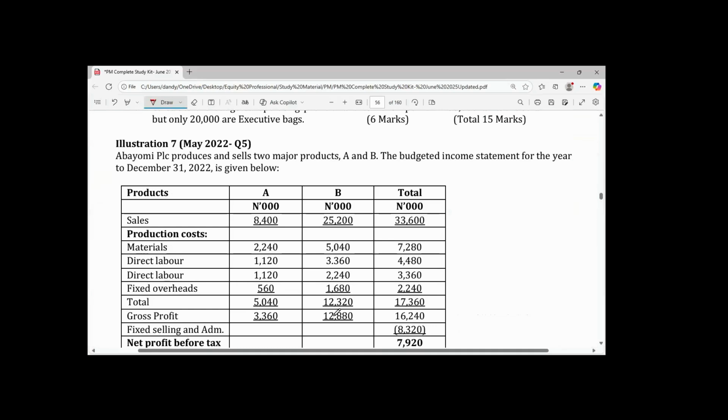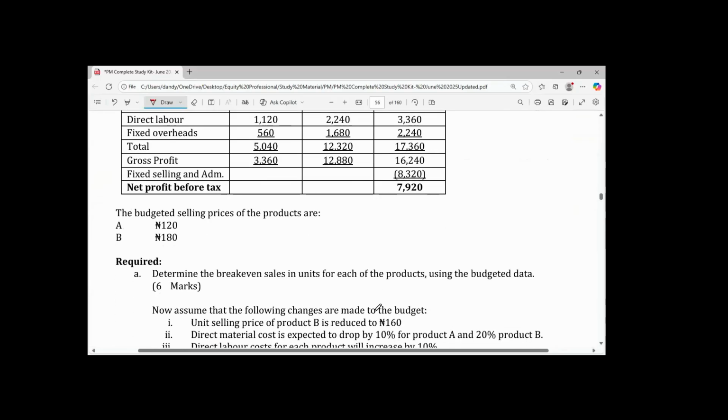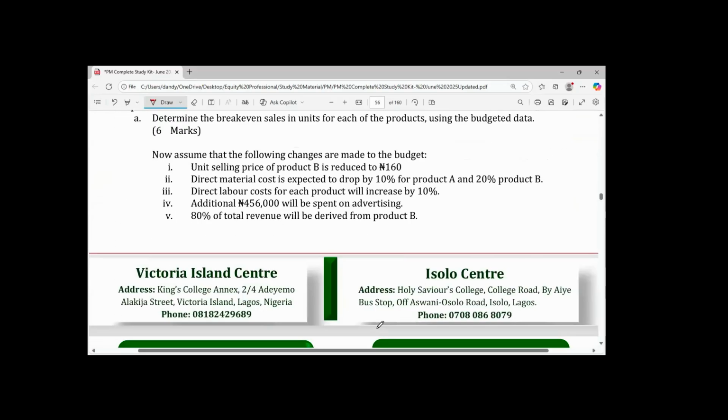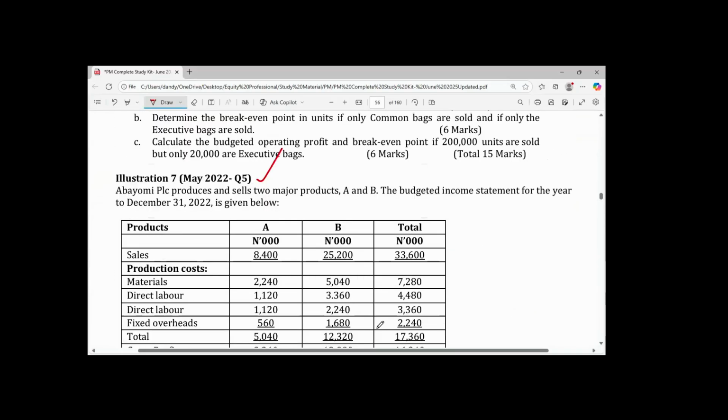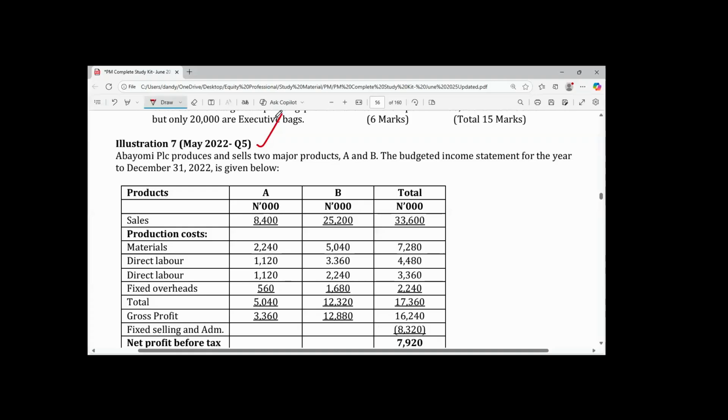And this was the last illustration tested by ICAN on the CVP, I think. All right, so let's have this illustration number 7. Let me read. Please, like I said, inform your colleague from the group to join the class.